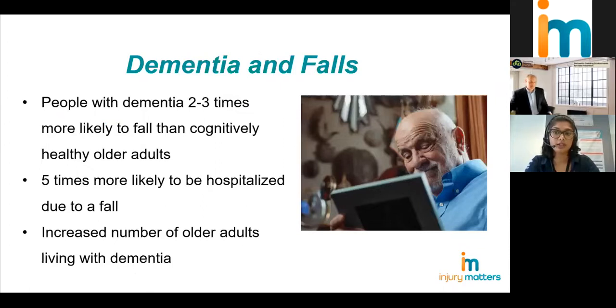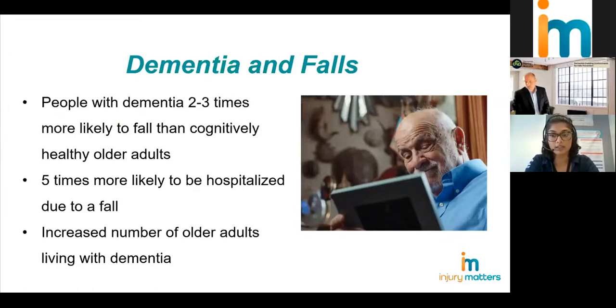People with dementia fall 2 to 3 times more often than cognitively healthy older adults. They're also 5 times more likely to be hospitalized due to a fall. The number of older adults living with dementia is expected to increase dramatically in the next 15 years, and the risk of major fall-related injuries, such as hip fractures and mortality, is increased among adults with dementia.